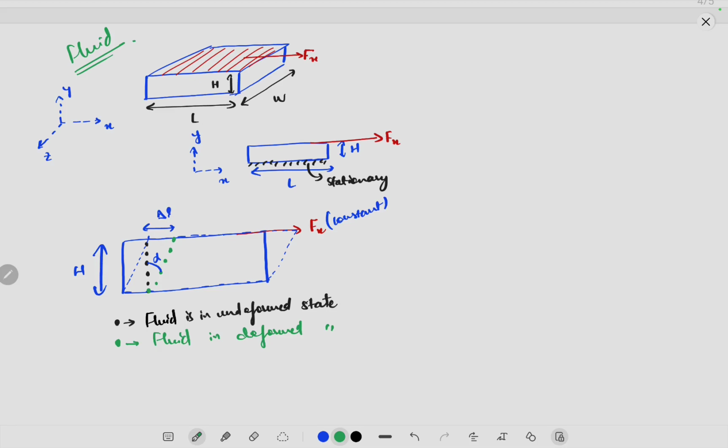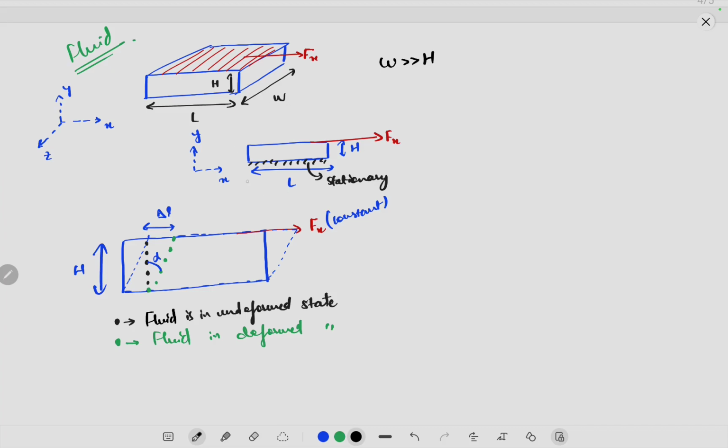Again, we are defining W very greater than H. We can visualize this problem in 2 dimensions, x and y, because if W is greater than H, the variations in the z direction are negligible compared to the variations in the x and y directions.